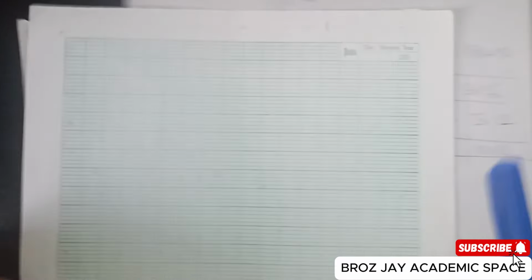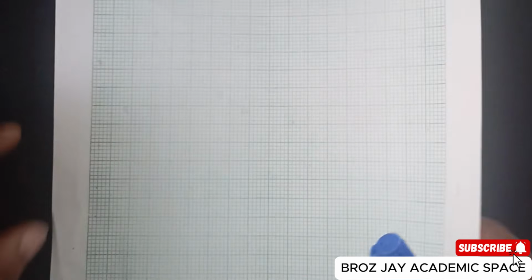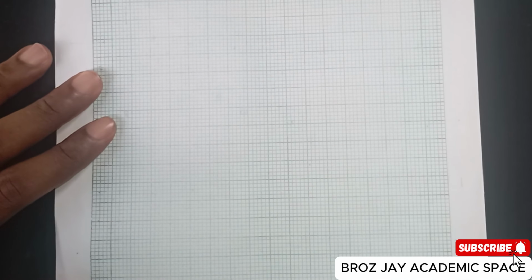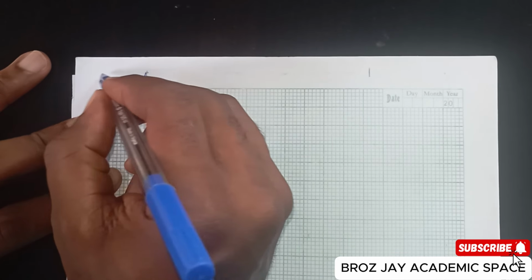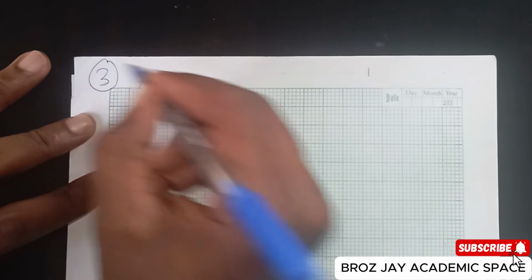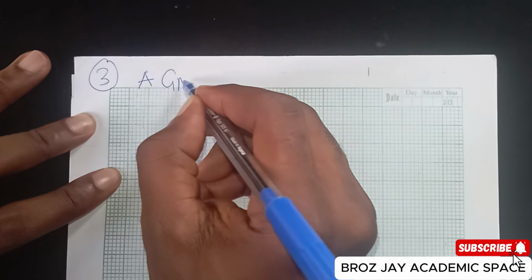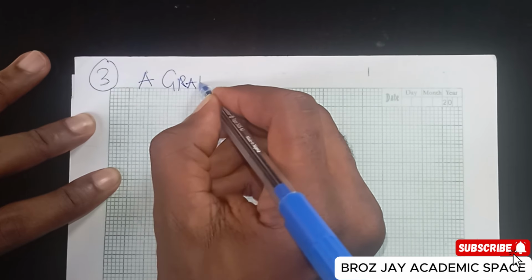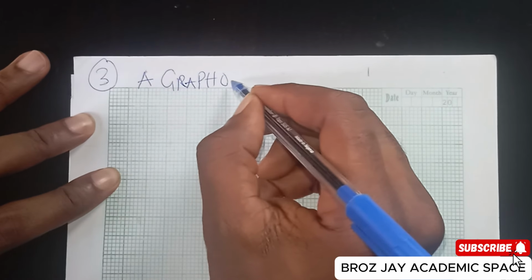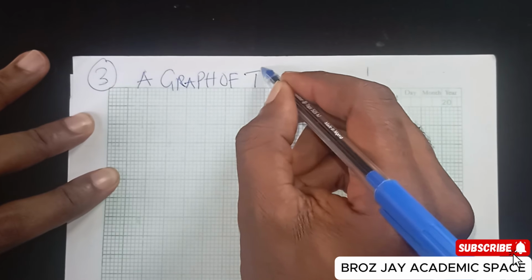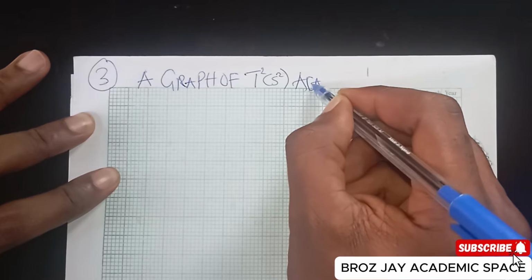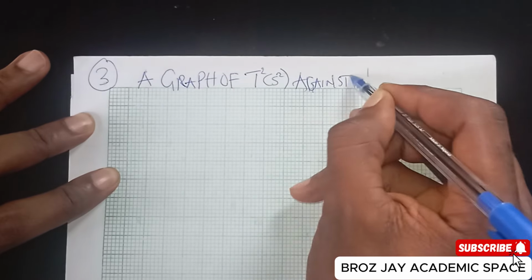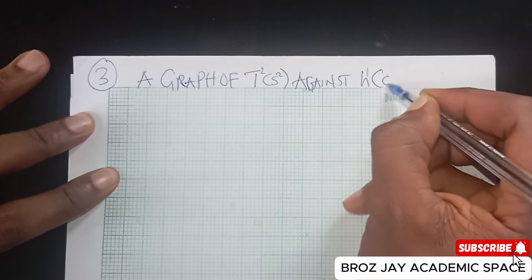Now let's plot our graph. Question number 3: a graph of t square in second square against h in centimeter.